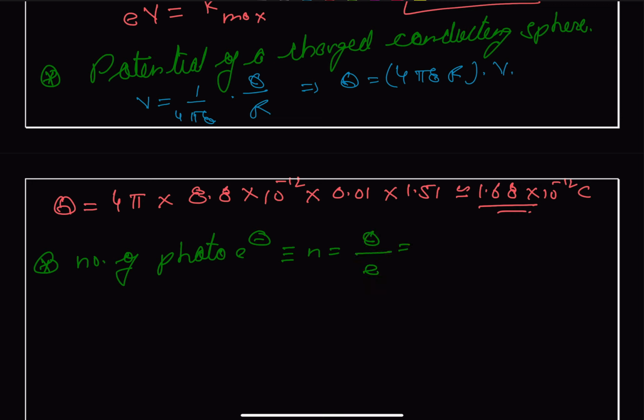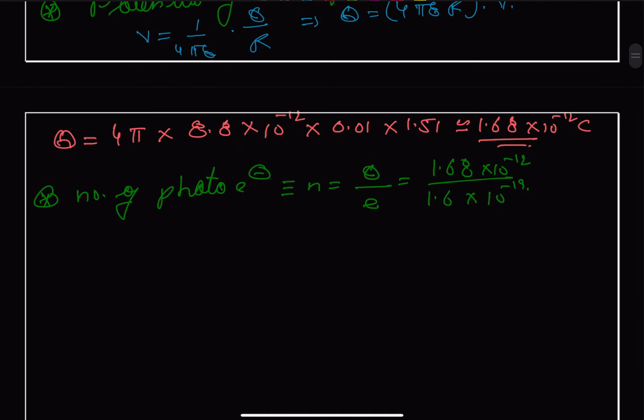Total charge is 1.68 into 10 to the power minus 12, divided by 1.69 into 10 to the power minus 19. So from here we get that our value of n is approximately equal to 1.07 into 10 to the power 7.